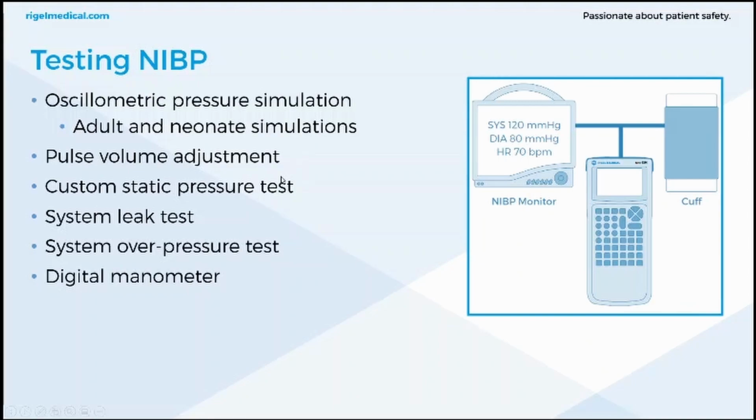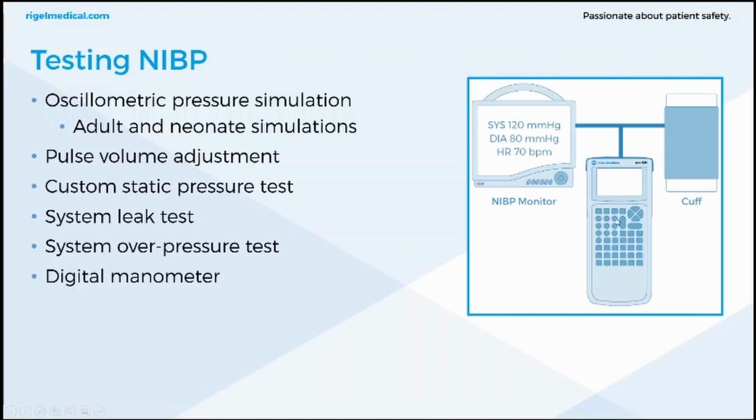Dynamic pressures are not used for testing accuracies of the internal manometer, as it's a dynamic simulation. You'll find that a patient monitor will have a range of static values for testing its internal manometer, and that's your accuracy of measurement. There's system leak pressure, system overpressure, and there's also digital monitor.